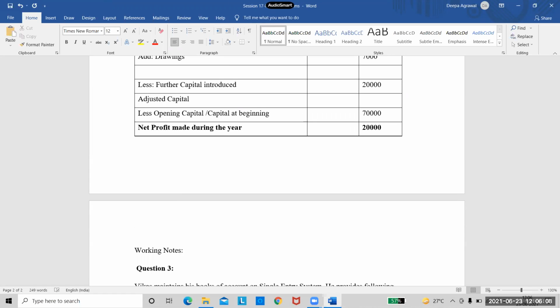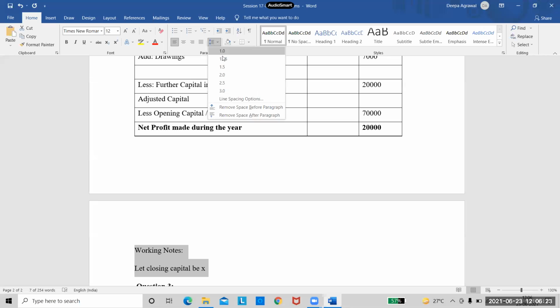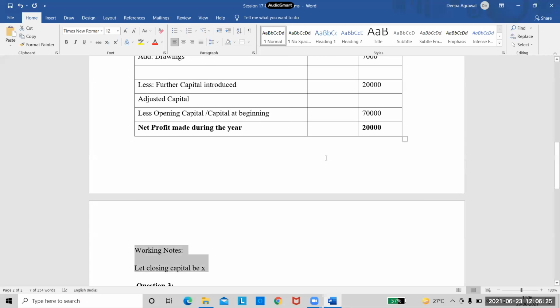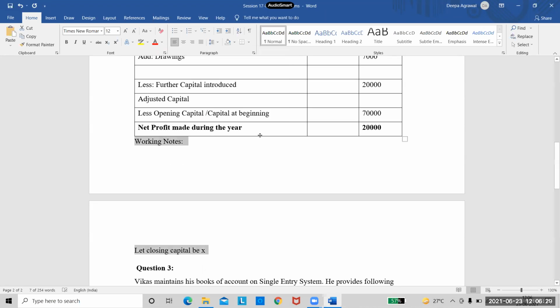And what does our equation say here? Let the closing capital, or the capital at the end, be X. We generally take it as X, right? So I'm taking it as X. Okay.